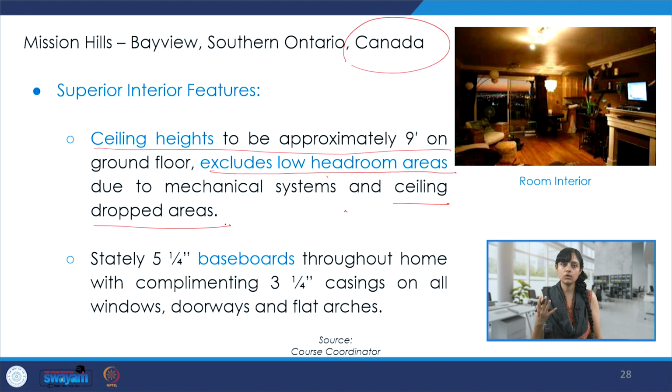So whenever we talk about these mechanical systems and servicing, the height of the ceiling gets impacted, of course, and therefore we have to design in that manner. And they have used baseboards throughout this home, which are almost 5 inches, and they are complemented by 3 inch casings on windows, doorways, and flat arches to give a sort of design vocabulary and definition.